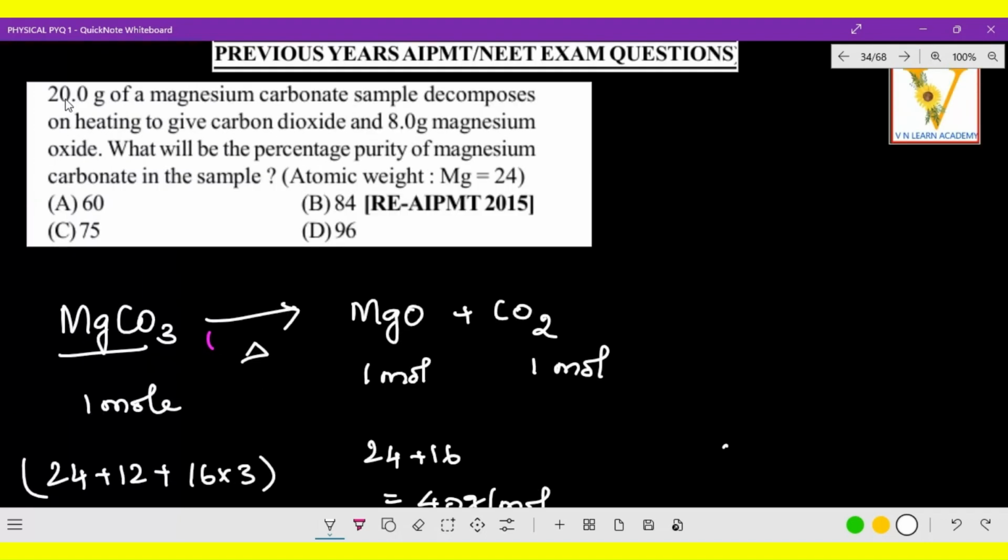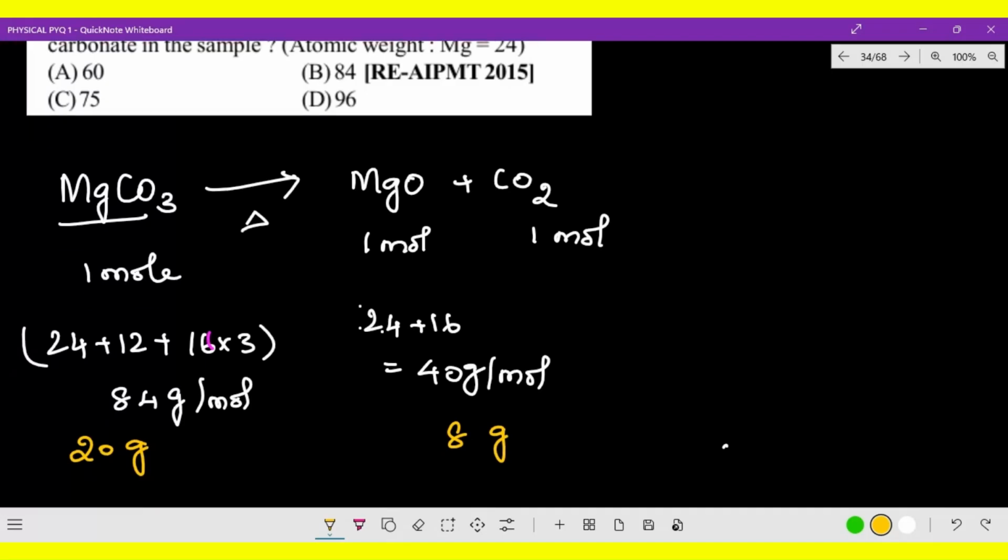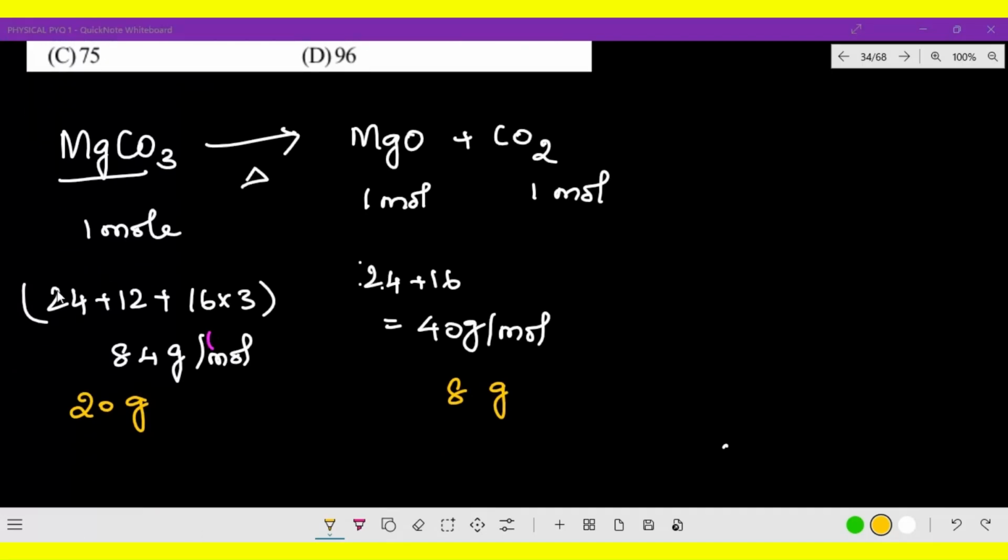So therefore 20 gram of magnesium carbonate sample, how much is it providing? See, here they have given 20 gram as the given mass. 20 gram of magnesium carbonate can produce how much magnesium oxide? Let us think. 84 gram of magnesium carbonate can produce 40 gram of magnesium oxide.